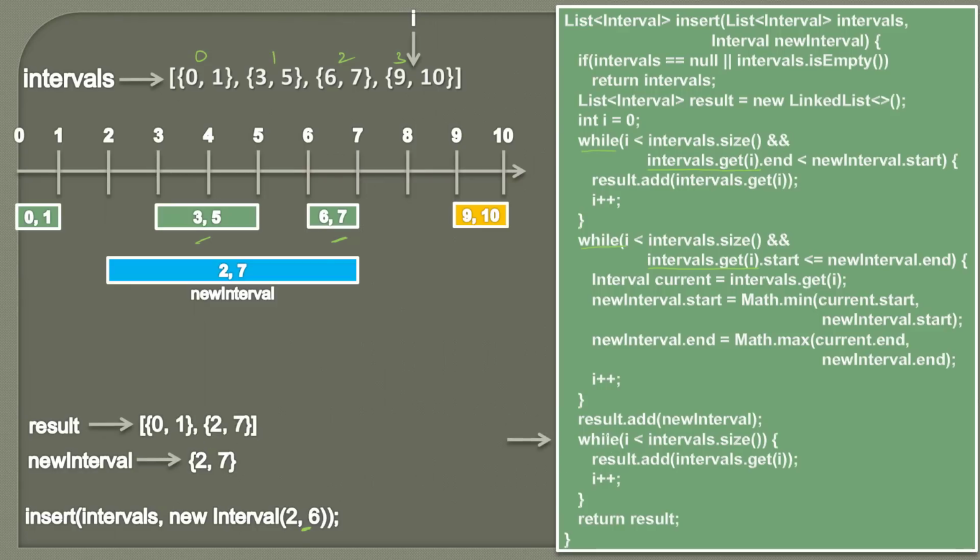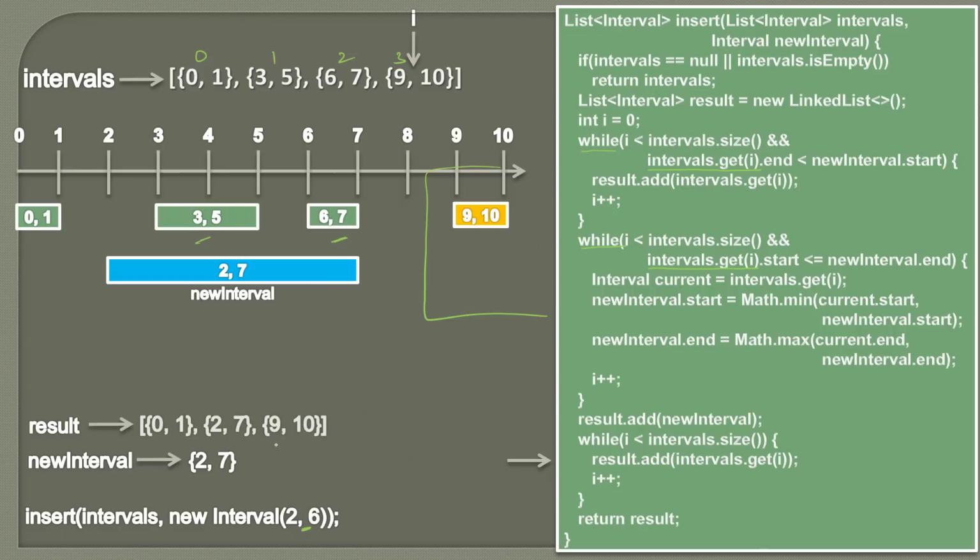And now using this while loop, we will add the remaining intervals into the result. So I is still less than intervals.size. And as the condition reached this while loop, we are sure that all the remaining elements will be non-overlapping with this new interval. So we can directly add 9, 10 to the result. We do result.add and we pass in intervals.get(I), which is 9, 10.